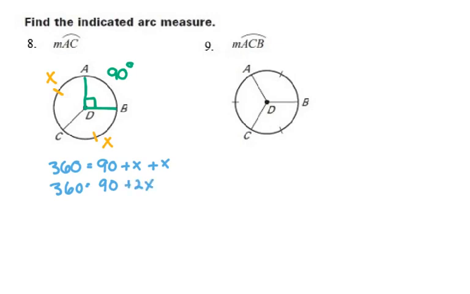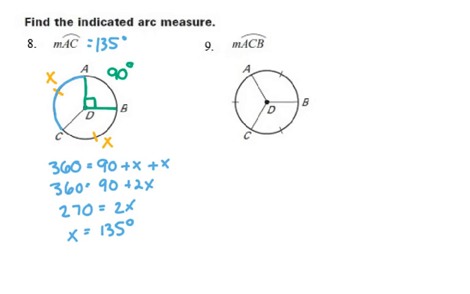Subtract the 90 from both sides to get 270 is equal to 2x. So x is equal to 135 degrees. Going back here, making sure we're solving the right thing, we want to find AC. And since AC is indeed equal to x, the measure of arc AC is equal to 135 degrees.